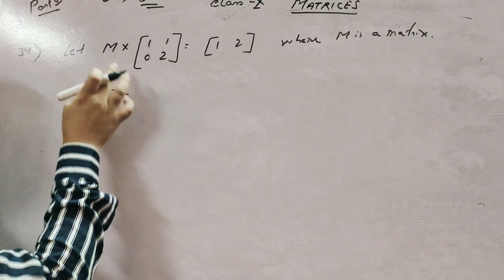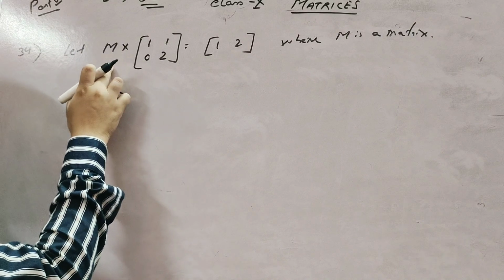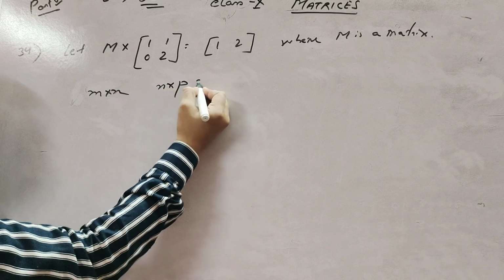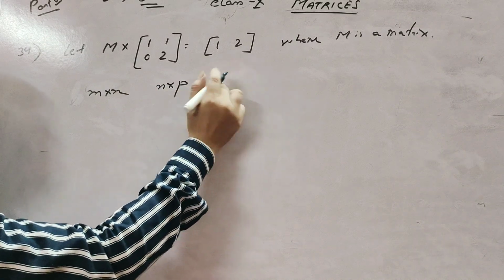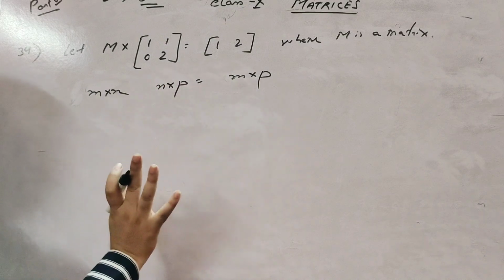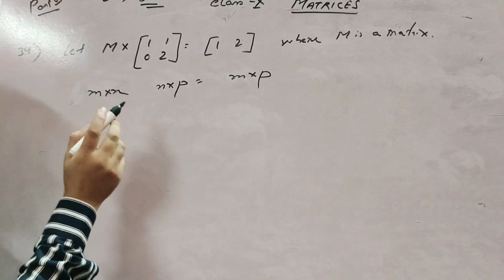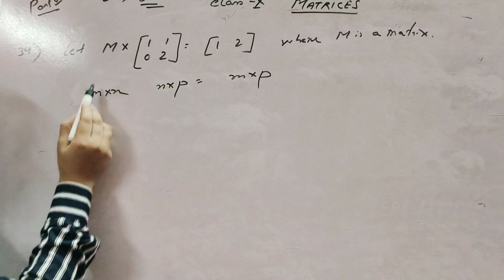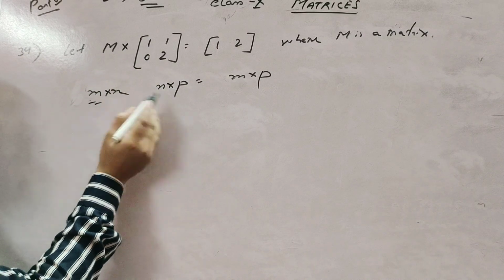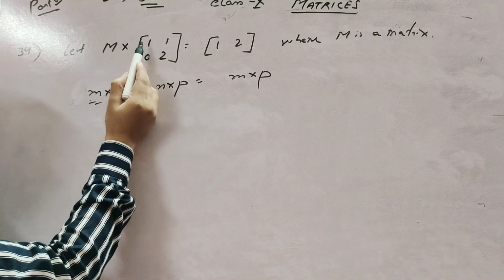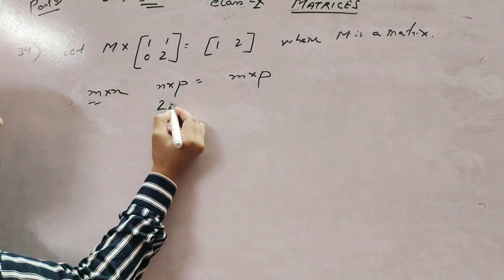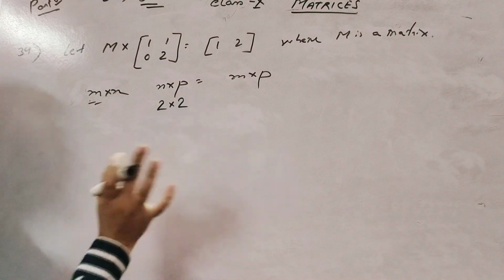We don't know how many rows and columns are there in the matrix M. We know the formula m into n times n into p equals m into p, because n cancels. So look here, we don't know about the matrix M, so in place of m and n, just let it be m or n rows. But in this place there are 2 rows and 2 columns. So here n is 2 and p is 2.